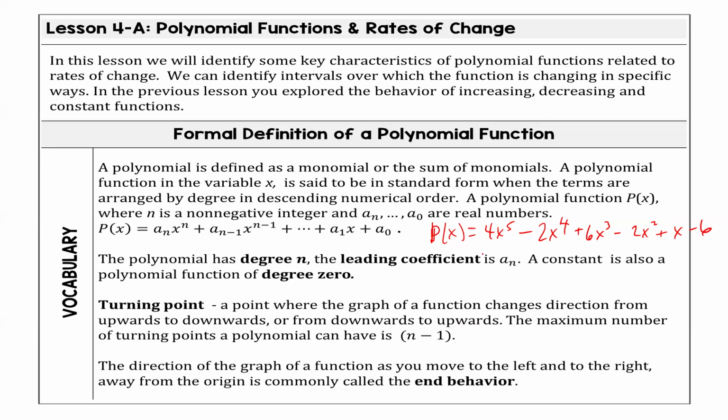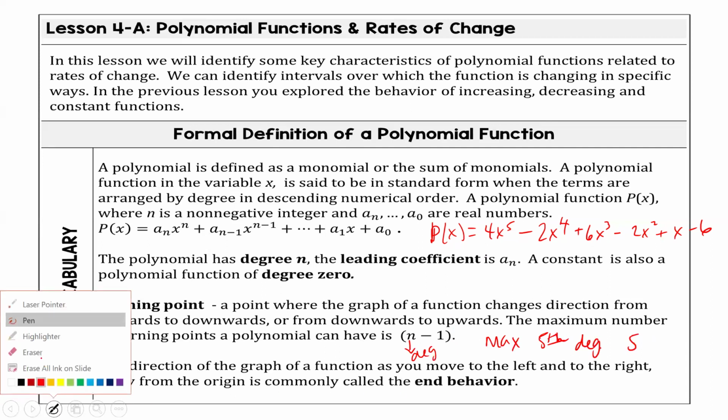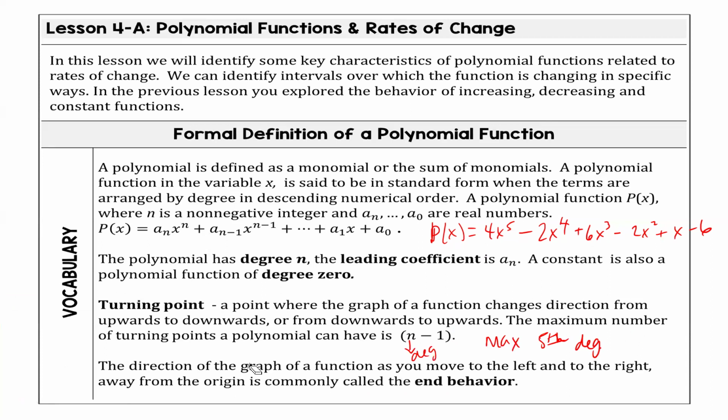Okay, because it's a degree 5, right? And your number of turning points is always 1 less than your degree. So our max for a 5th degree polynomial would be 4 turning points.